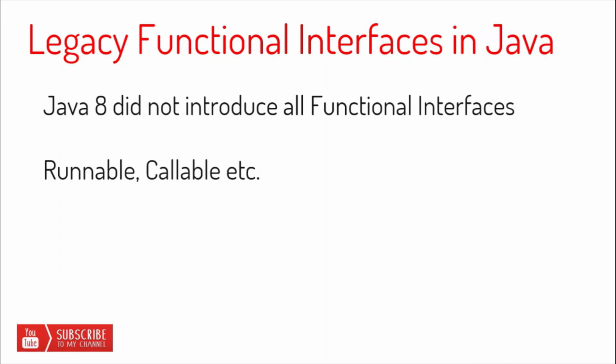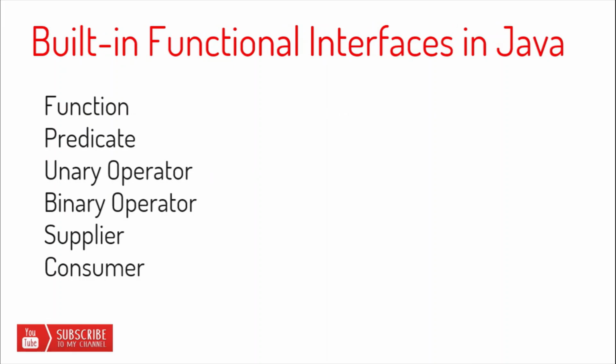Java 8 also marks these interfaces with the @FunctionalInterface annotation. With Java 8, they have provided a long list of ready to use functional interfaces, but in this session we will try to cover a few important ones like Function, Predicate, UnaryOperator, BinaryOperator, Supplier, and Consumer.